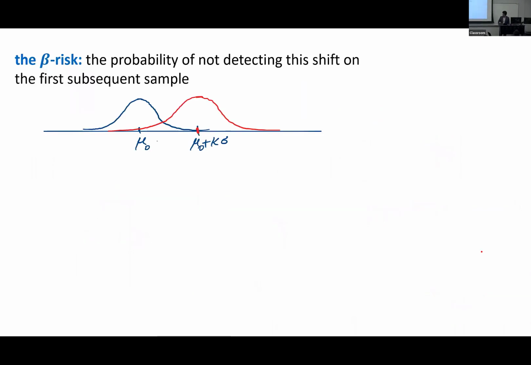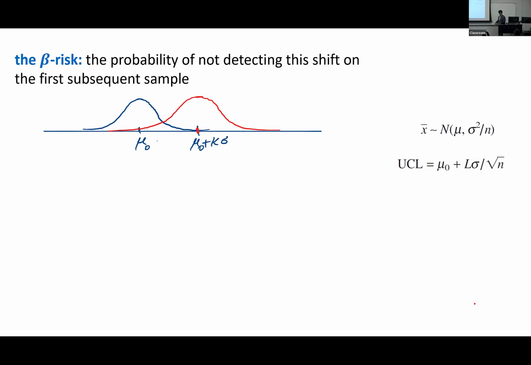All right. So the actual distribution has shifted from mu naught to mu naught plus K sigma. That's what has happened. So X bar's distribution originally, it was mu and sigma over square root of n. That's the value. So standard deviation is sigma over square root of n.